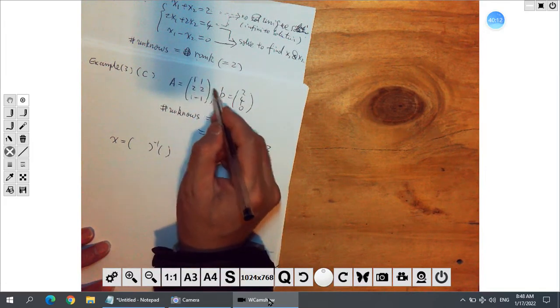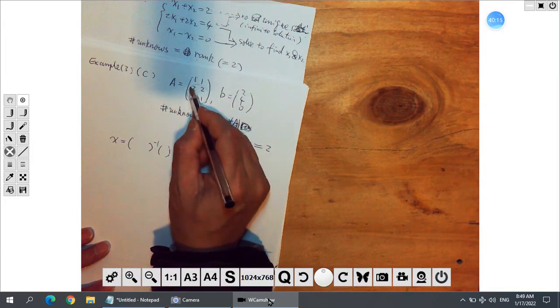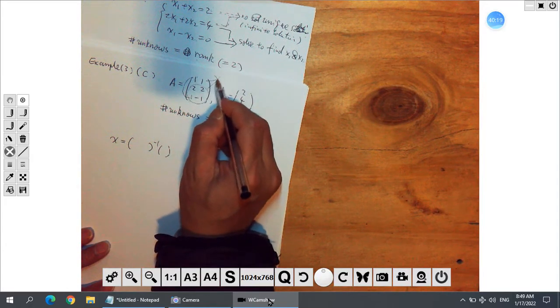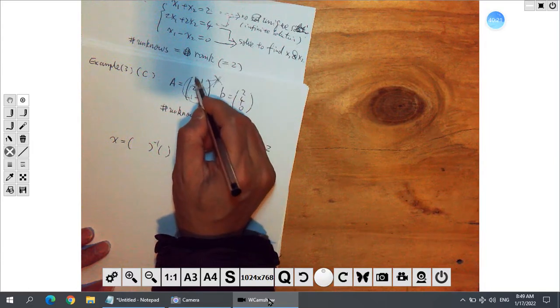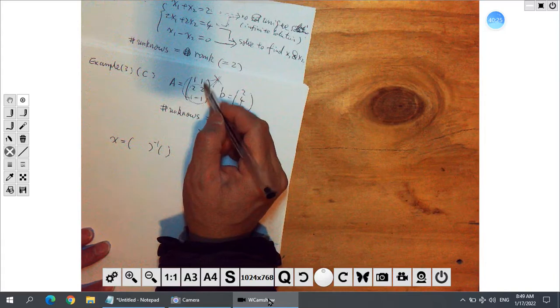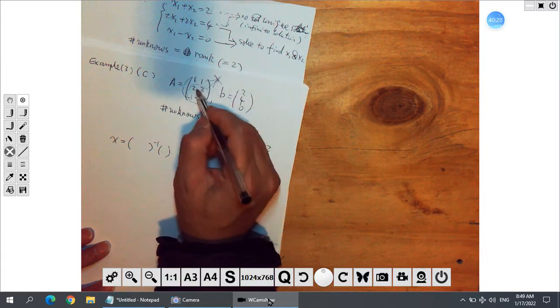Pick which 2? You can pick these 2 or these 2, but you cannot use these 2. These 2 don't work because 1, 1 and 2, 2 are essentially the same thing, right? So you cannot use the first and second. You can pick first and third or second and third.